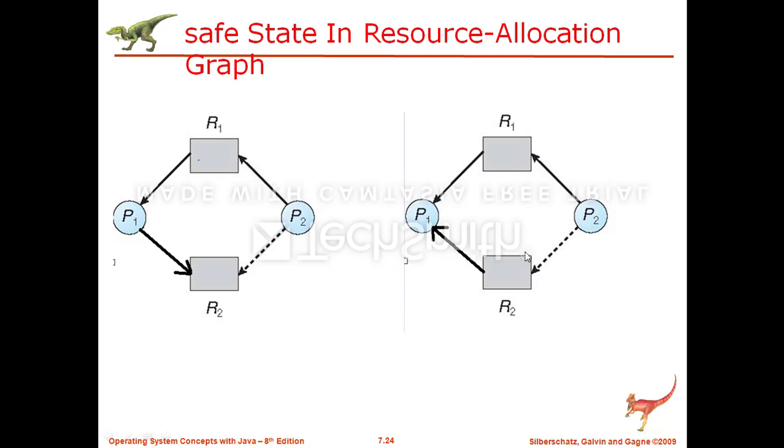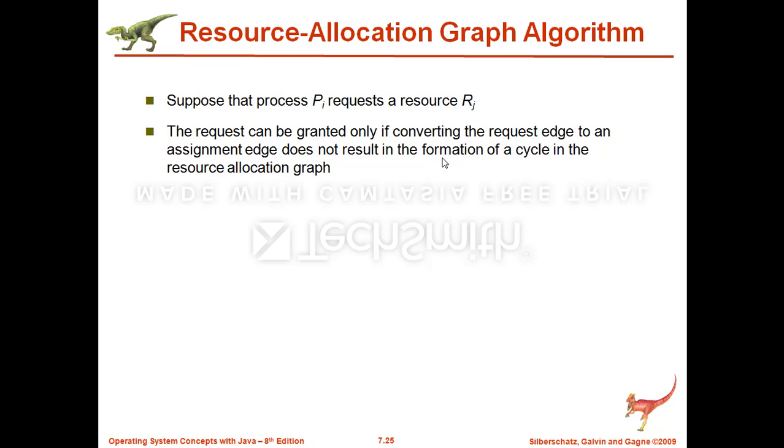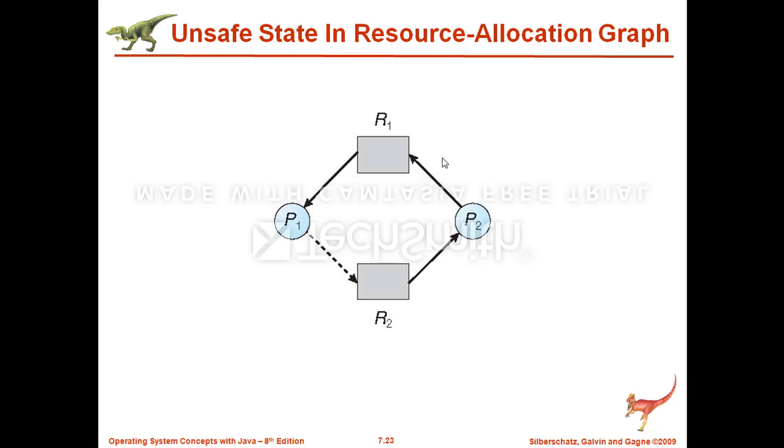There is no cycle getting formed because R2 is with P1, P1 is having R1, then P1 completes the execution. Once P1 completes the execution, P2 will get R1 and then it will complete. If at that time R2 also is free, then P2 also completes the execution. This kind of allocation is possible. This will not form any deadlock in your system. So this is how the resource allocation graph is used in avoiding deadlock.